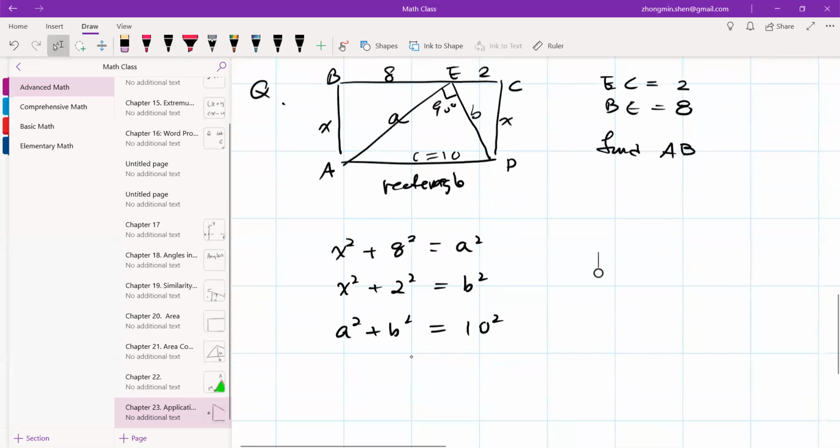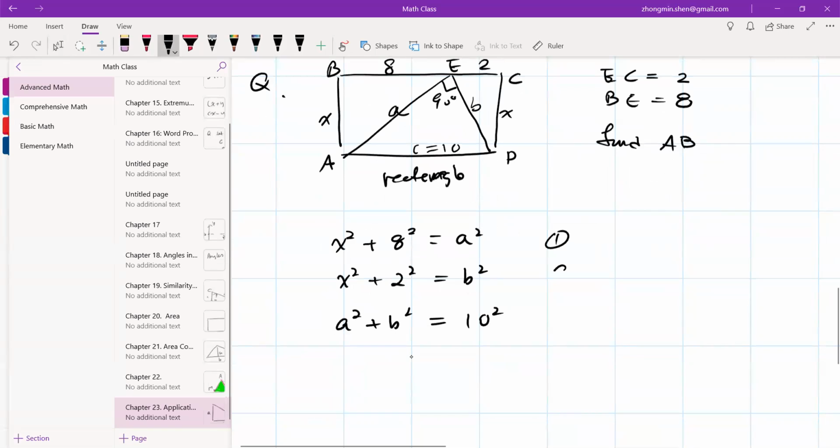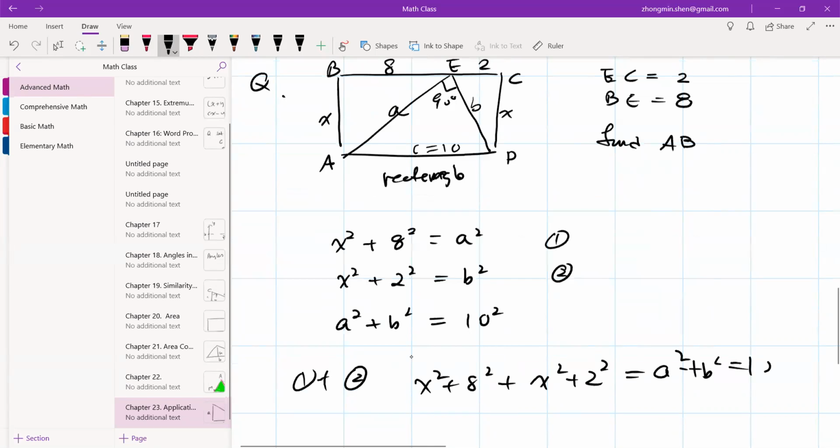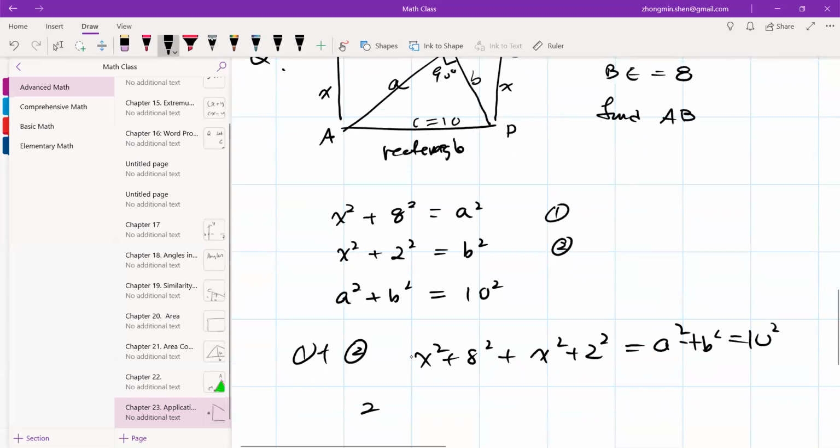That's it. And then equation 1, equation 2, right? So equation 1 plus equation 2 will be x squared plus a squared and x squared plus 2 squared. Then you have a squared plus b squared, which should be 10 squared, right? And using the third equation, 2x squared plus 64 plus 4 equals 100.